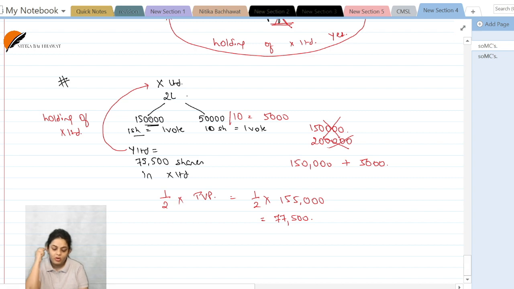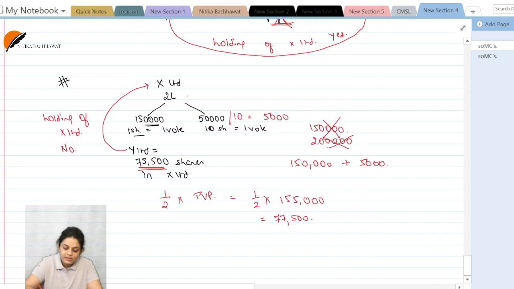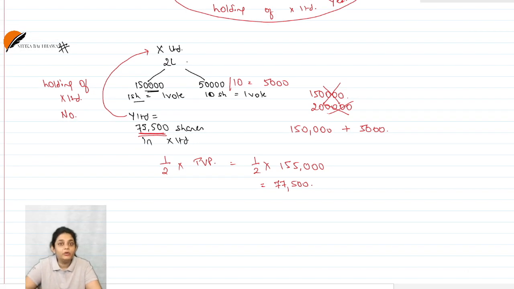Right? Here it is 75,500. So is it more than 77,500? No. So is it the holding of X Limited? No. Is it clear to everyone? Yes, I hope it's clear to everyone.